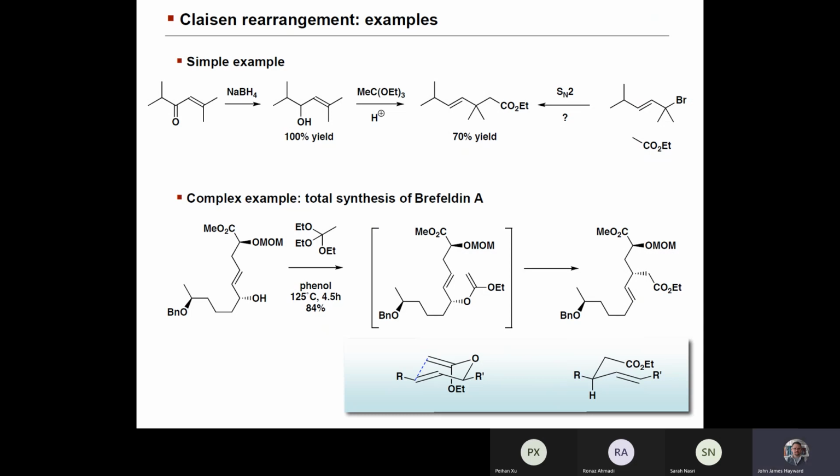Let's do some examples now. So first of all, we're going to do a Johnson-Claisen. And what's nice about this, of course, is that you have firstly a regioselective reduction.